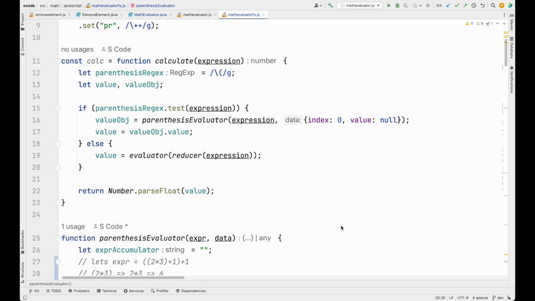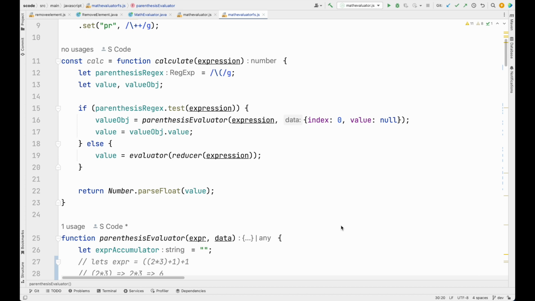Remember, our expressions are valid. We're always going to be given a valid expression. That's what Code Wars said to us when we looked at the description of the problem. So if we see that it has an open parenthesis, we assume that it has parentheses, and we're going to pass it to the parentheses evaluator, which is then going to give us back the value.